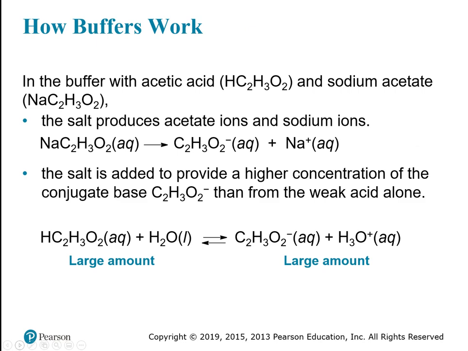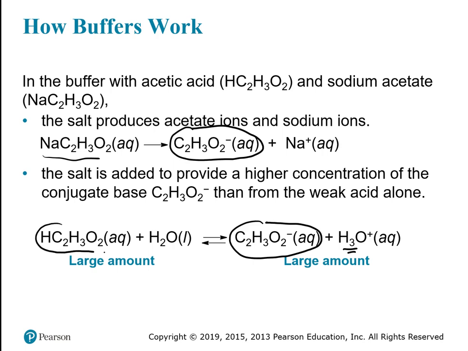So like I said, if you're going to have an acetic acid and sodium acetate buffer system, you're going to dissolve that salt and you're going to make your conjugate base. You're going to have a large amount of that, and it can absorb additions of H+.